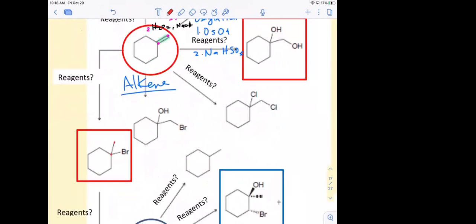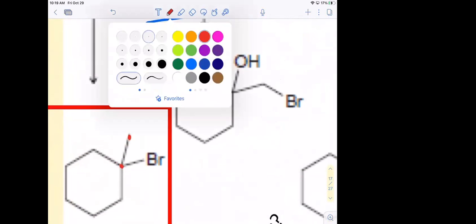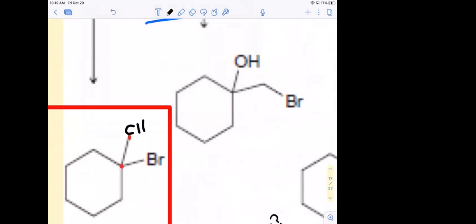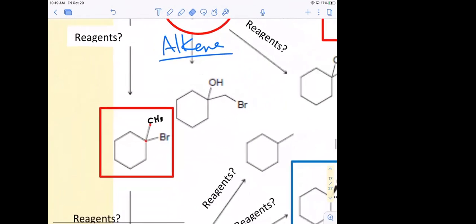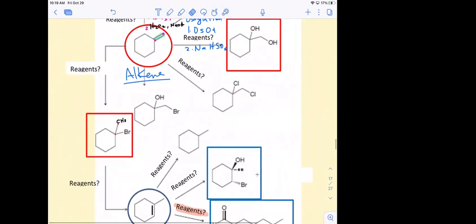Let me write this in too. This is a CH3. And then I added an H here. Oh, I'm sorry, not an H. My bad. Br. I added Br. What do you think? Looks like I added H to one carbon and Br to the other carbon. Is that right?